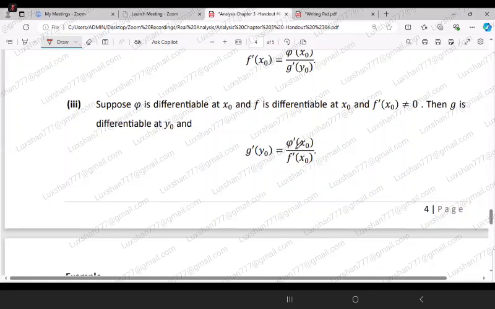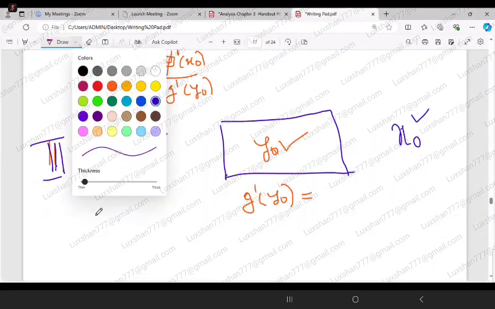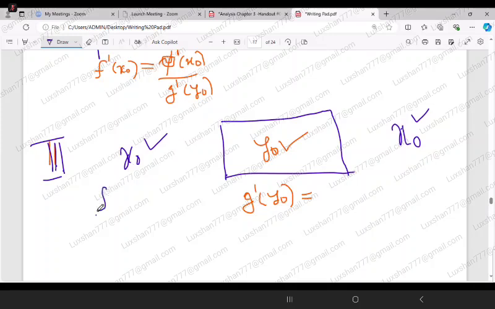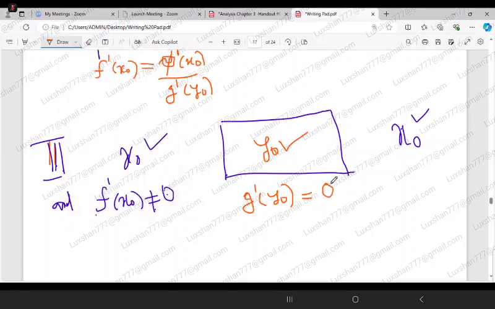Also look at this condition, because we are dividing, no? So we have one condition. Here, f is differentiable at x naught and f dash x naught is not equal to 0. Then g dash y naught is equal to phi dash x naught over f dash x naught.